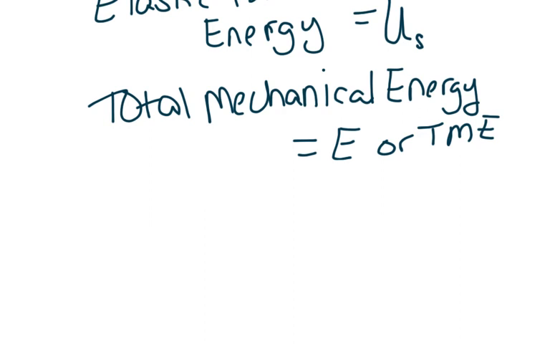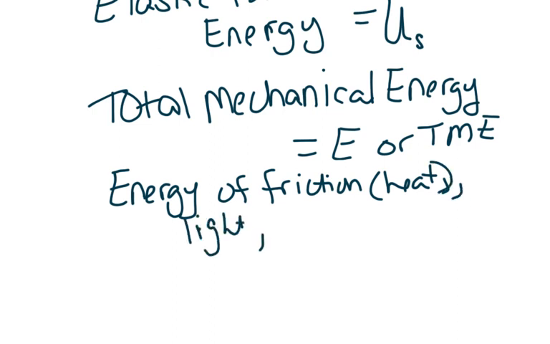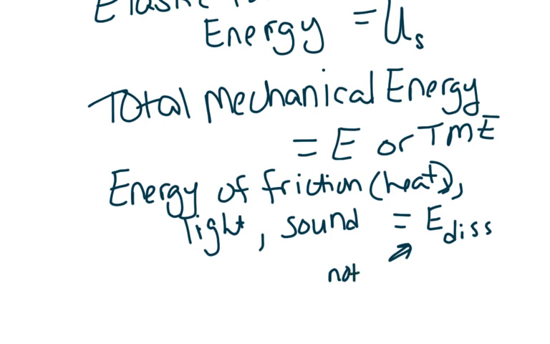And then we also talked about the energy that is going to be attributed to friction. Frictional energy is actually heat energy. But we're also going to lump into this light and sound. Okay. And we're going to call this E-dis. And dissipated means not usable energy.